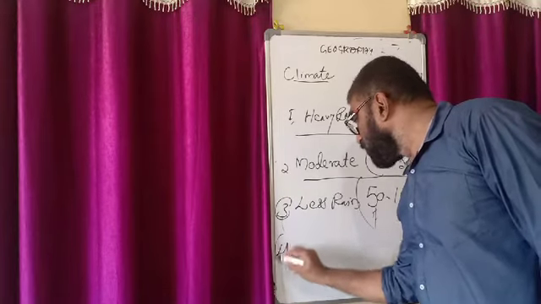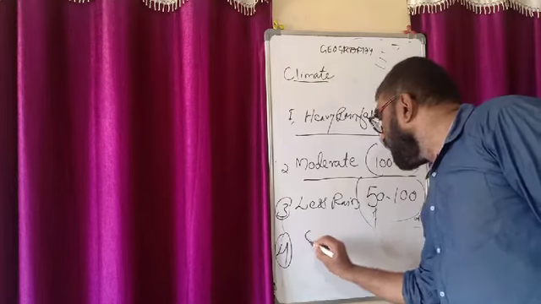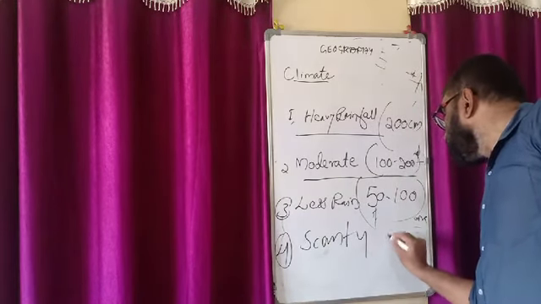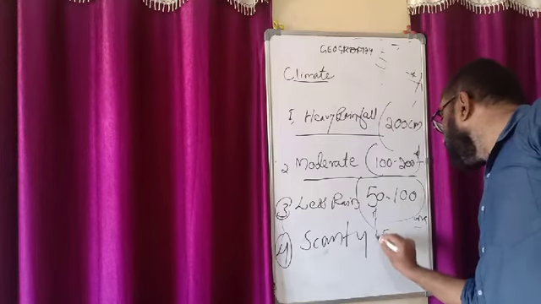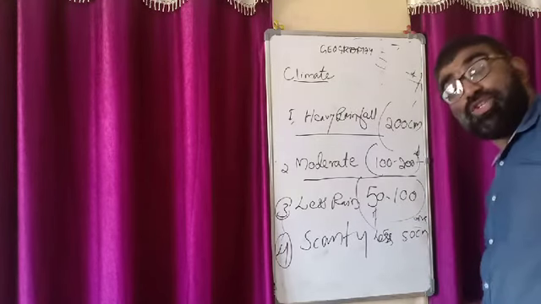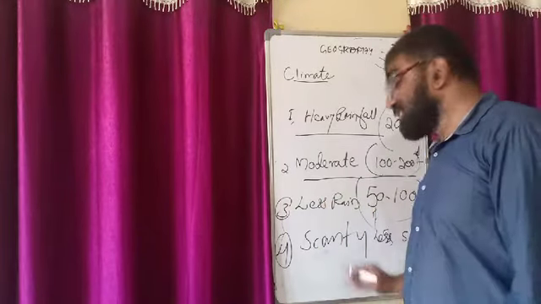And the fourth group you see is the scanty rainfall area, that means less than 50 centimeters of rainfall. Less than 50 centimeters of rainfall, those areas are called areas of scanty rainfall.